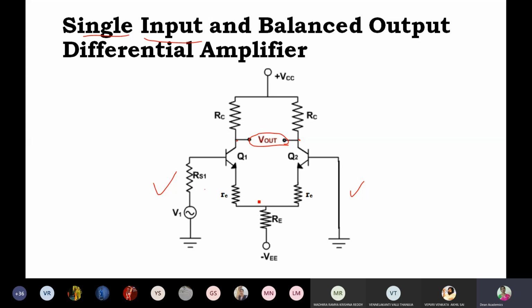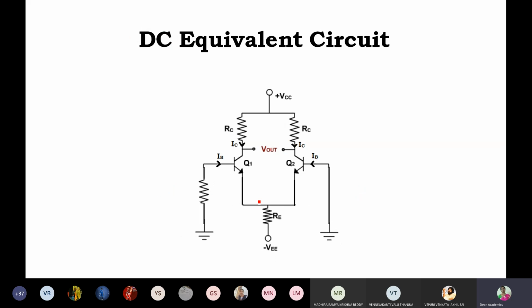If you need some more time, I'll wait a few seconds, if it is required here and there. That's why, by showing you your circuit, I am giving more explanation so that parallelly you are drawing the circuit. So this is the DC equivalent circuit.